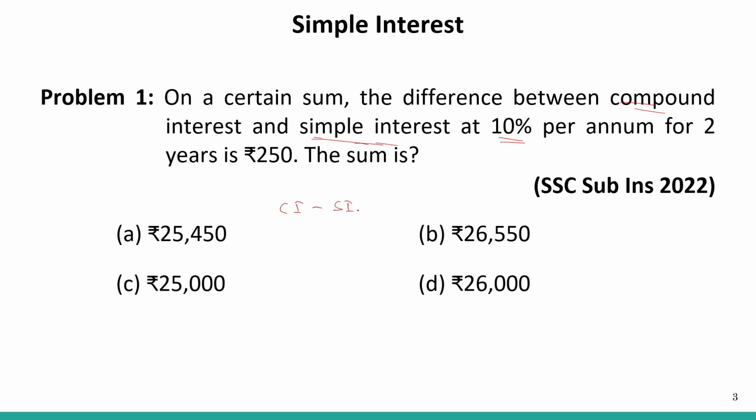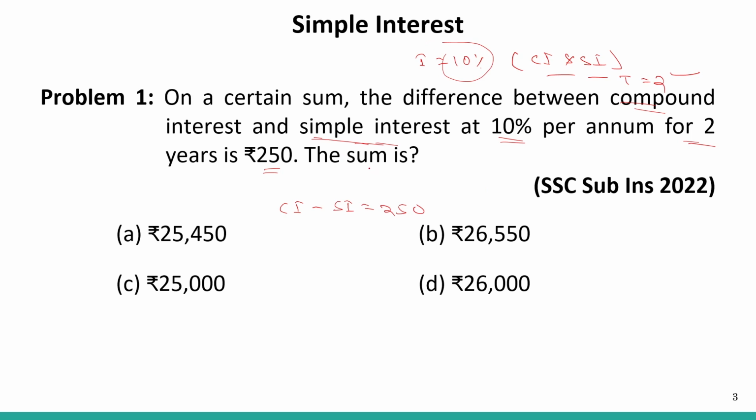The interest rate is 10% for both CI and SI, for 2 years, so T is 2. The given difference is 250. It asks us what the sum is.